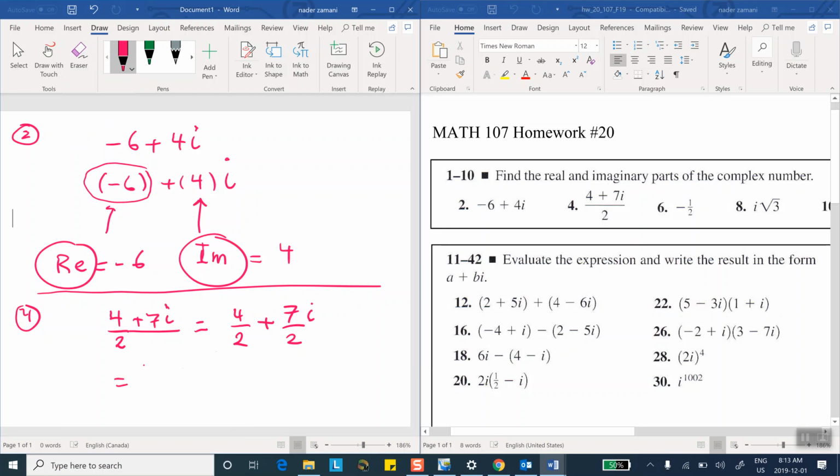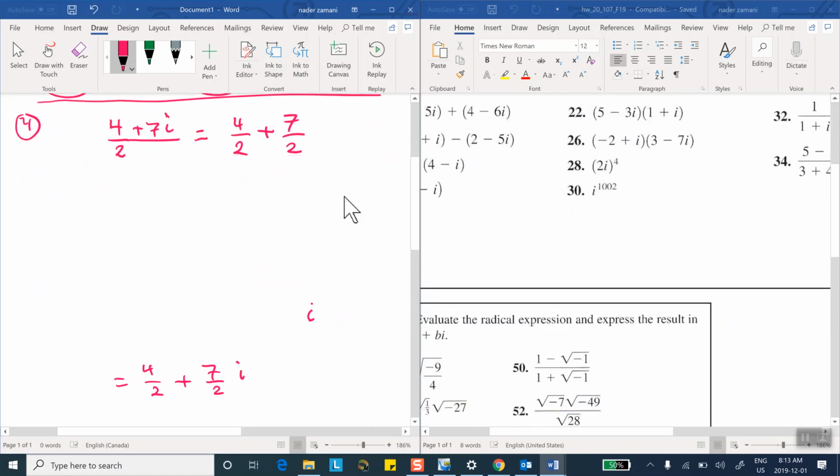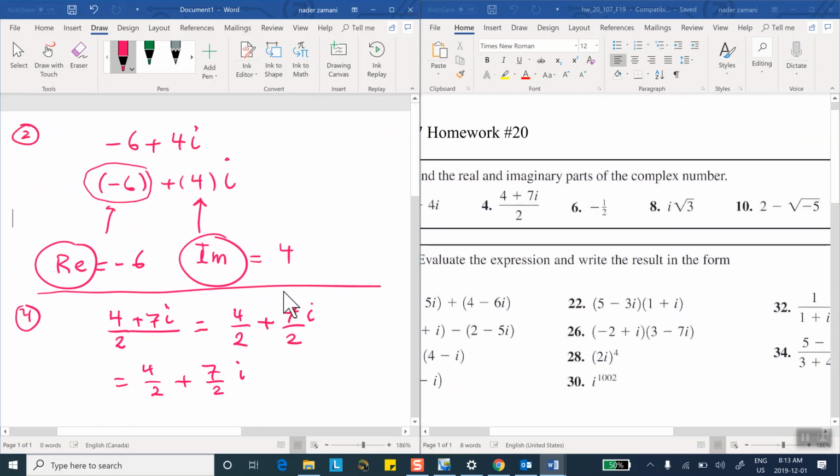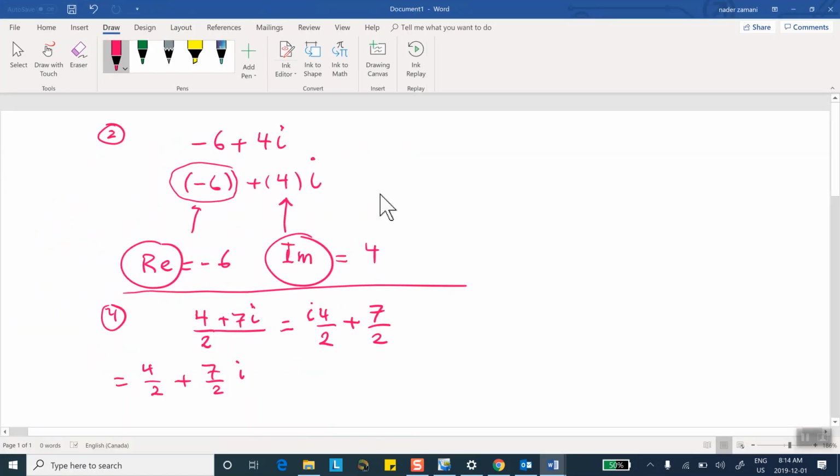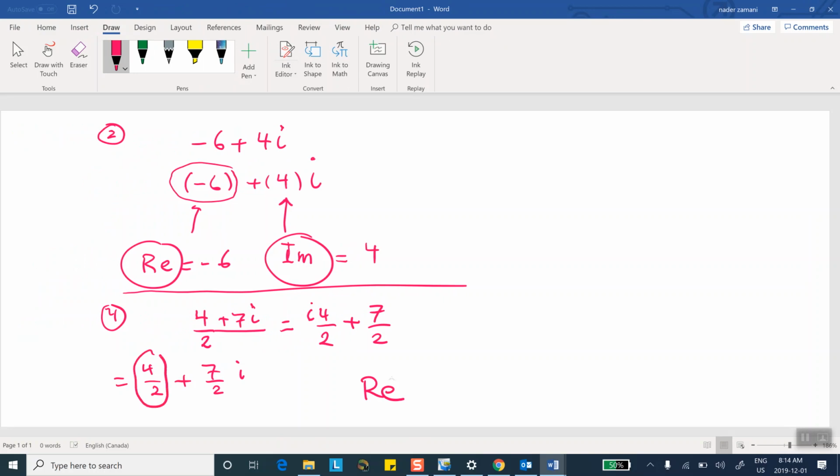So this is equal to 4 over 2 plus 7 over 2I. And therefore, the real part is this piece, which means 2 actually, right? Because 4 over 2 is 2.